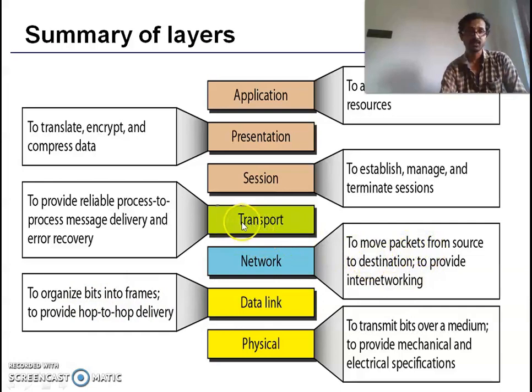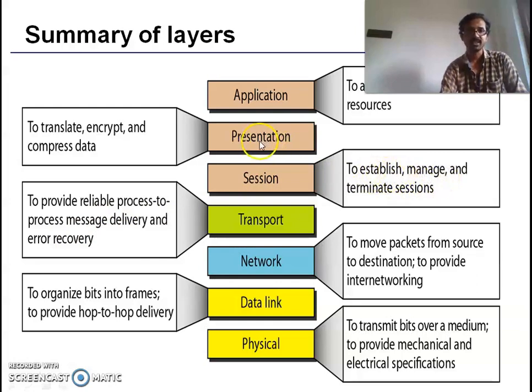And the next one is the transport layer. The transport layer provides reliable process to process message delivery, and it also provides error control or error recovery. And next is the session layer, to establish, manage and terminate sessions. That means it provides dialog control and synchronization.